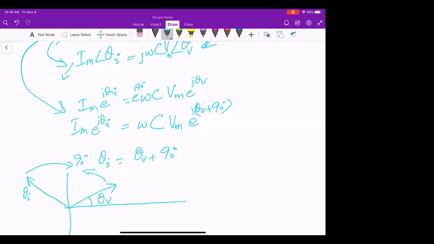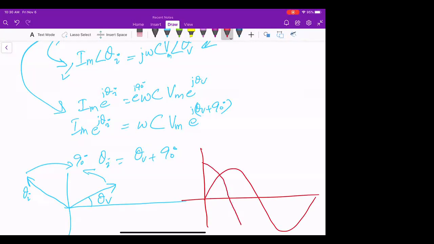Similarly, if I make its sinusoidal waveform, and my theta V is somewhere here, then my voltage signal should be this, and this is current, which is exactly opposite to the inductor.